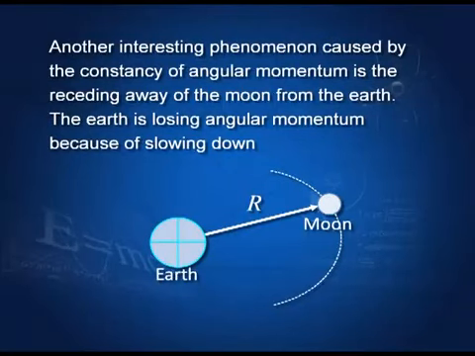Let me repeat this. The earth is slowing down, therefore, its angular momentum is decreasing, but the angular momentum of the whole system must remain constant. Therefore, the orbital angular momentum of the moon must increase.